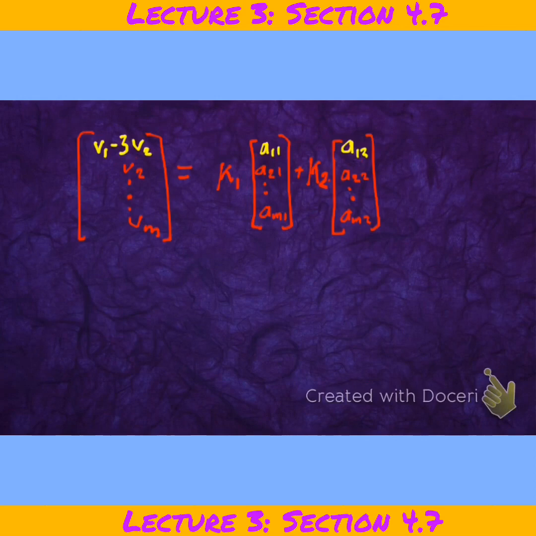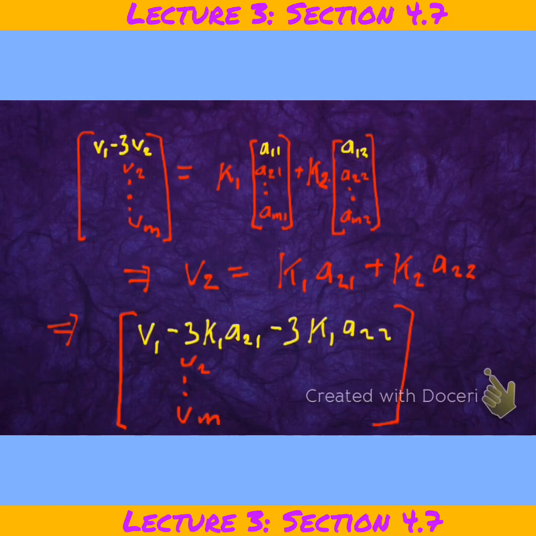Right, so we can find two scalars K1 and K2 such that this vector is a linear combination of those two column vectors. Note that we can write V2 as K1A21 plus K2A22. Doing the substitution, we plug the V2 in there, and we get this whole vector.